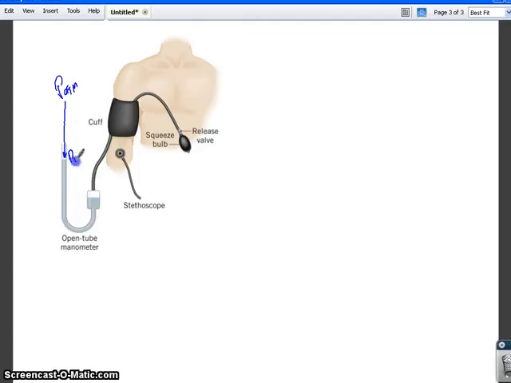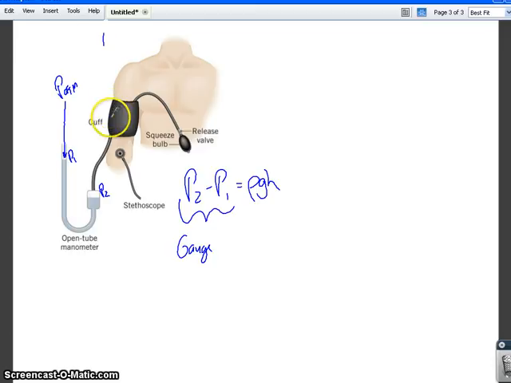So this is like P1 and this is like P2. And so P2 minus P1 equals rho gh. So this is the gauge pressure. We want to know what the pressure is inside your body. We don't really care about the absolute pressure inside your body and the air. We just want to know the difference. P2 minus P1 is equal to rho gh.